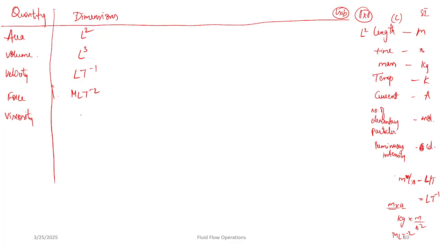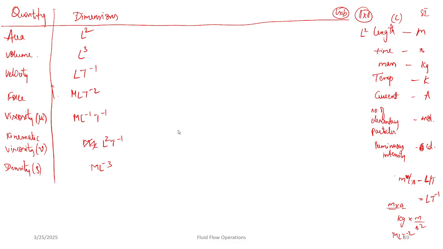For dynamic viscosity, it will be M L power minus 1 T power minus 1, for kinematic viscosity it will be L power 2 T power minus 1, and for density it will be M L power minus 3. Okay, so this is how we will be able to express different derived quantities in terms of dimensional units.